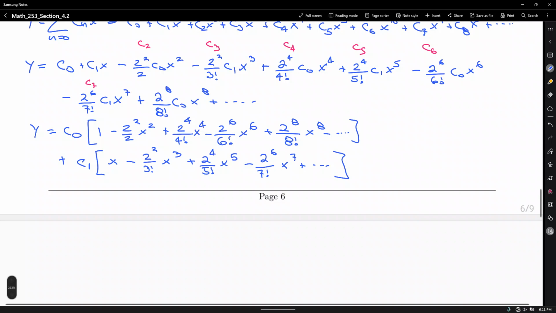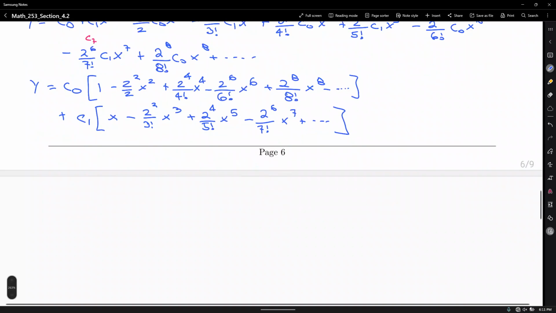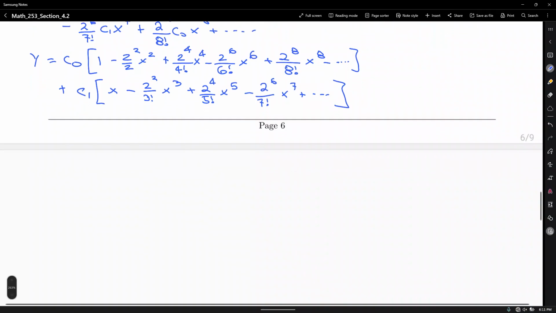You guys might want to go to the back side of the page at this point. So that'll be y equals c sub 0 times 1 minus 2x quantity squared. Do you agree that 2 squared x squared equals 2x squared?